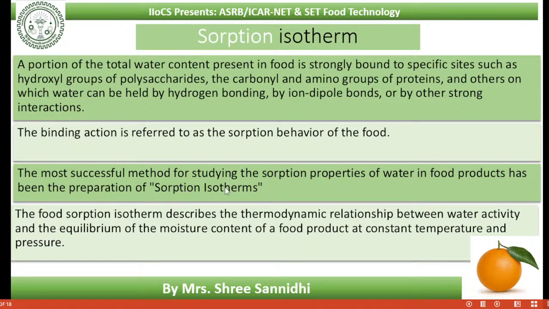By doing this process, we get to know the sorption properties of water. The food sorption isotherm describes the thermodynamic relationship between water activity and the equilibrium moisture content of a food product at constant temperature and pressure.